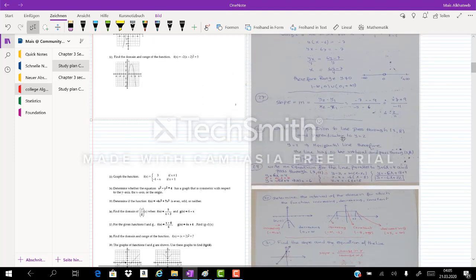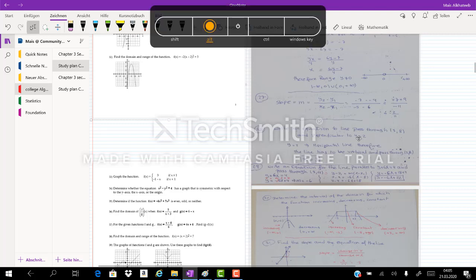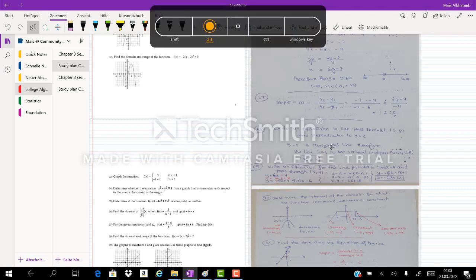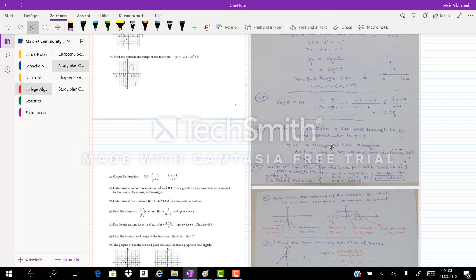Perpendicular to y equals 2, it's a horizontal graph. If the other line has to be perpendicular to a horizontal line, the other line has to be vertical.